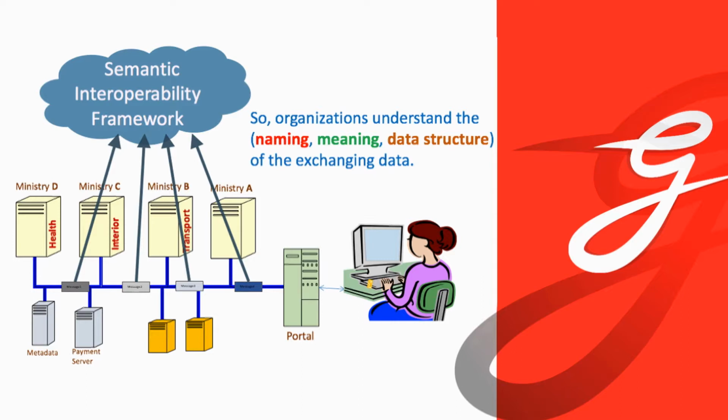We have to agree about these things, and any framework that talks about semantic interoperability has to provide a way that data messages are really understood. In the second part of this talk, I will talk about ontologies, which is a kind of semantic reference where we describe the semantics.